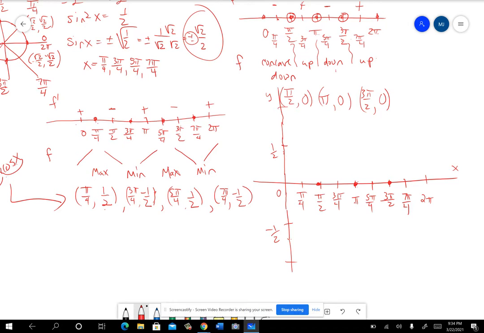Okay. Then pi over 4, 1/2 is a max. 3 pi over 4, -1/2 is a min. 5 pi over 4, 1/2 is a max. And 7 pi over 4, -1/2 is a min. Okay, and then we didn't do the ends, but we're at 0. If you plug into the f function, you would have a 0 and there at 2 pi as well.